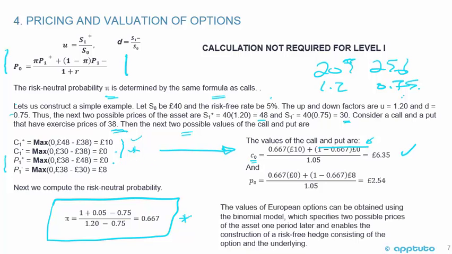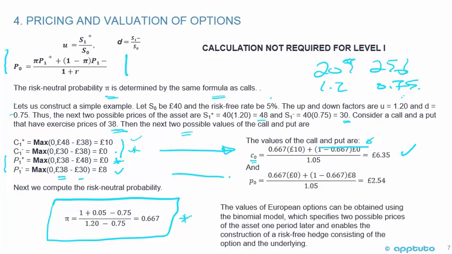So if the stock price goes up, the value of the put is 0. But if the stock price goes down to 30, I've got the right but not the obligation to sell at 38, sell high, buy low. I'm going to, so the value of the option is the maximum of 0 or, again, you can see exercise price minus the price at expiration, 38 minus 30. I have a positive value on the P minus of 8 pounds, okay?